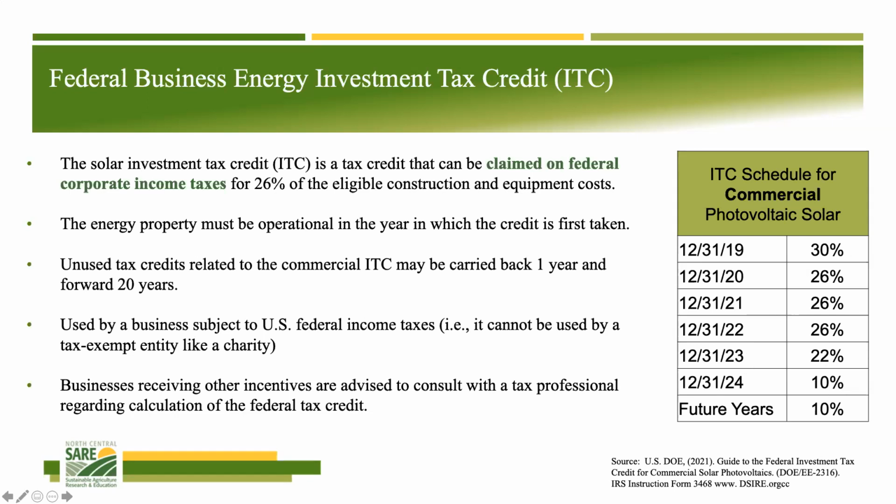I think it's important to understand that you have a few years now, if you're considering a project, or if you're working with farmers or businesses considering projects, to still jump in at that 26% before it starts to drop down. Just a side note, we tend to focus a lot on farm and business type projects here. And as shown on the chart, they'll be locked in at 10% for future years after 2024.